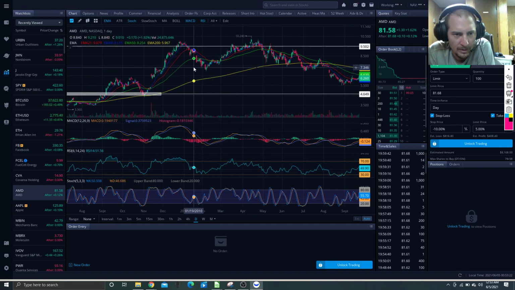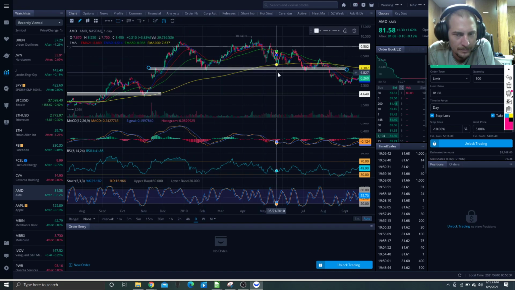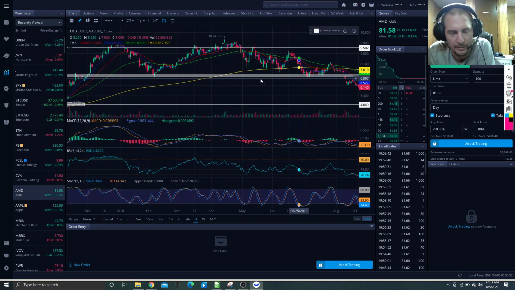Here's a good support level. Right, I'm going to go ahead and mark that. There's my little draw tool again, box. Right, there's a good support level. Here's another example of a breakdown trade off of that support level.